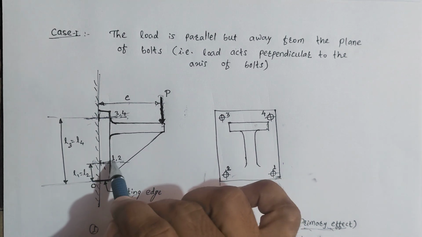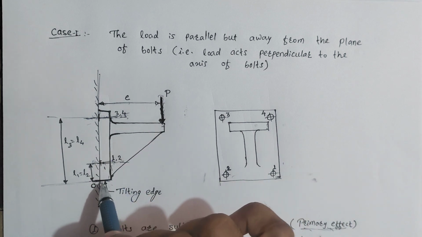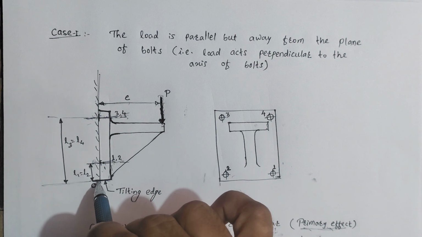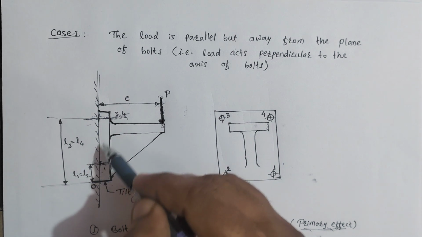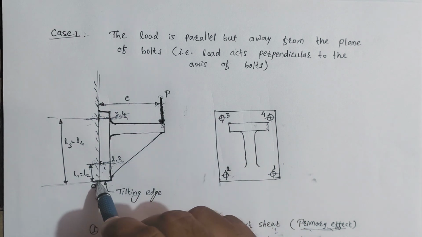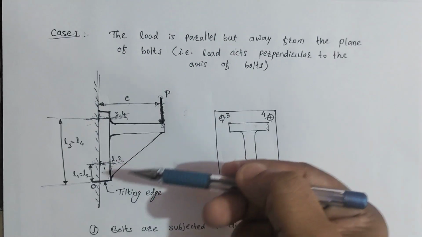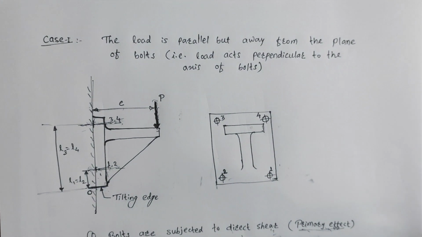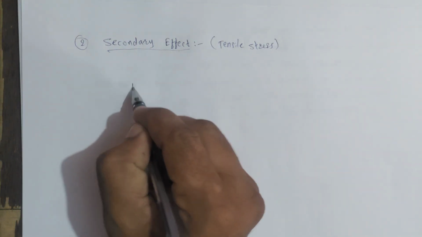So there are 4 bolts, 1 2 3 4, and this moment is force into perpendicular distance from the moment center. That's why as the bolt is at a farthest distance from the point O, it will undergo a higher moment, and that's why we can say force is directly proportional to the distance.